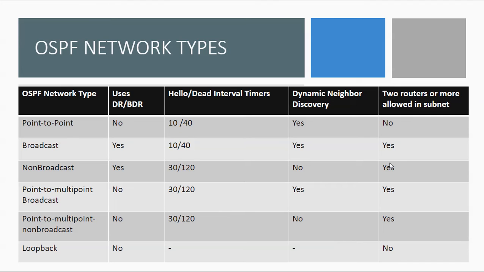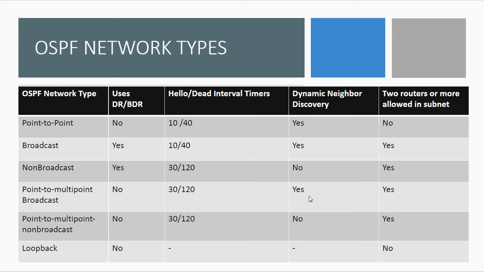Examples of non-broadcast networks are Frame Relay and ATM, the two main examples of this network. Point-to-multipoint broadcast network. In this network, there will be no DR-BDR process, and the hello and dead intervals are 30 and 120.